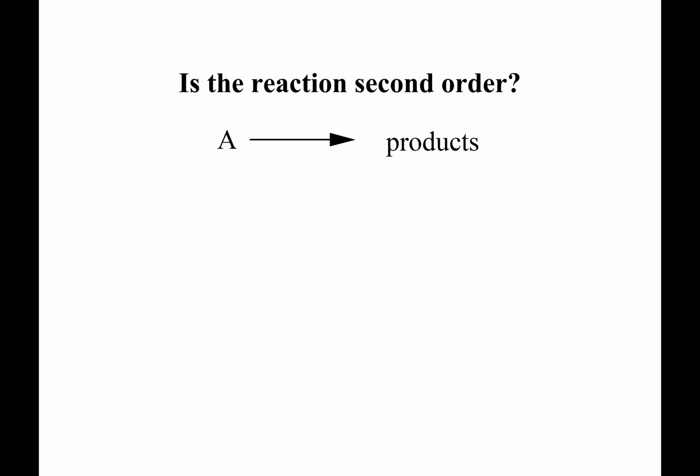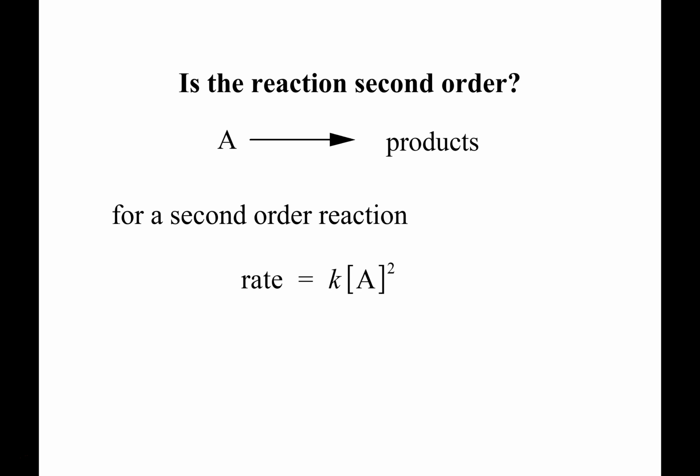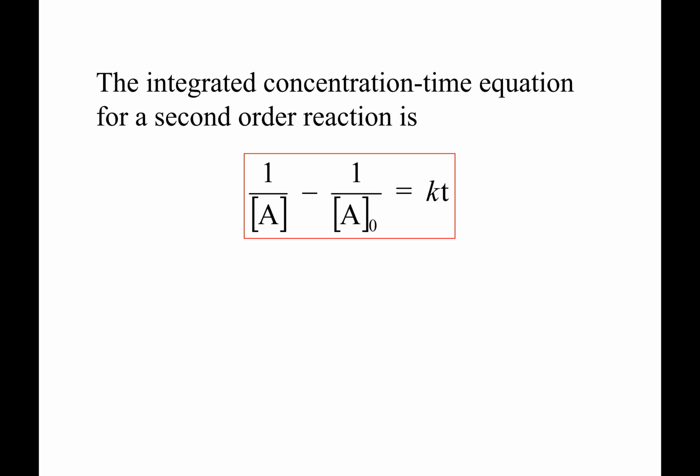So the last one I want to do is second order. And for second order, the rate law expression would look like this. Go ahead and integrate it, calculus, and come up with this relationship for second order.